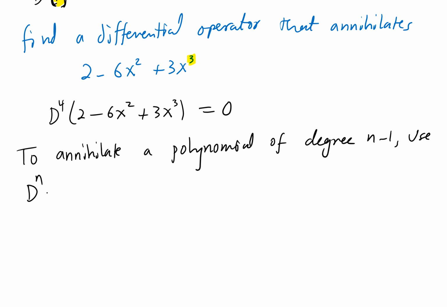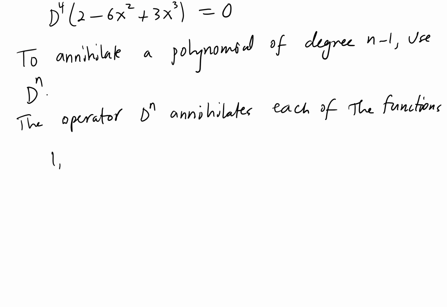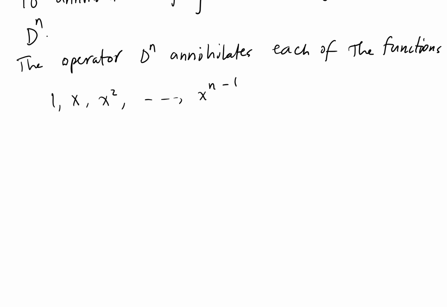So the operator D to the n annihilates each of the functions 1, x, x squared, all the way to x to the n minus 1. This is for polynomial functions.